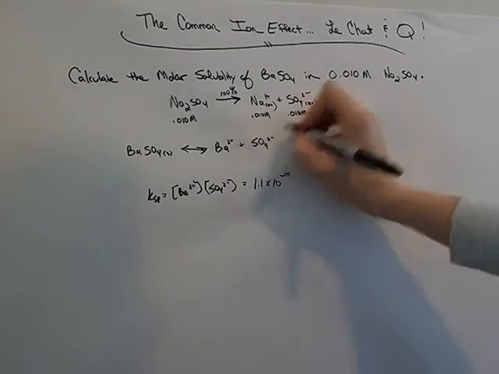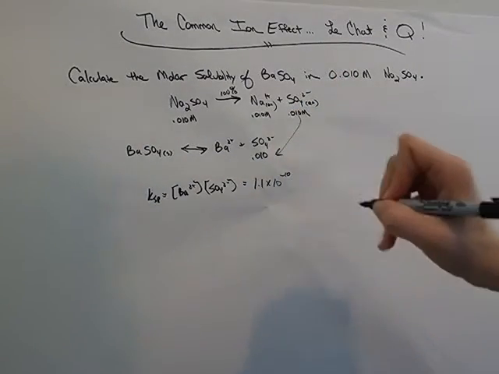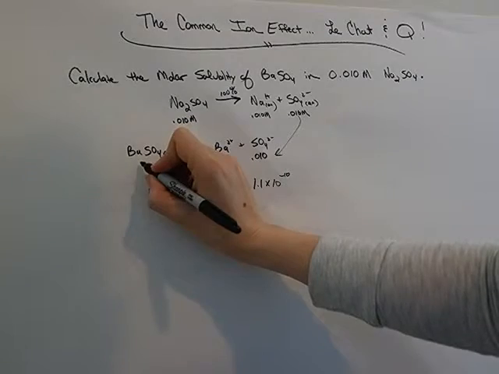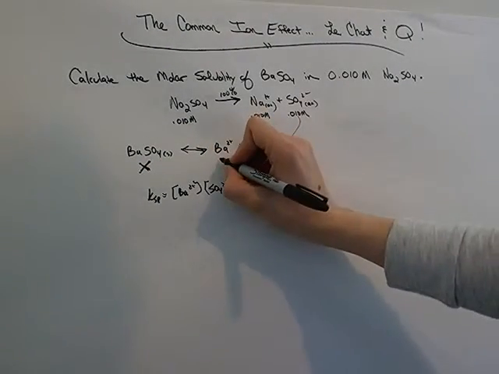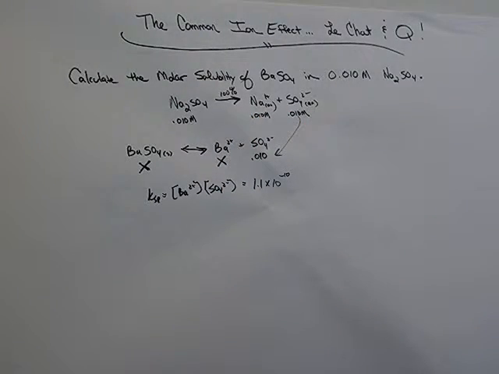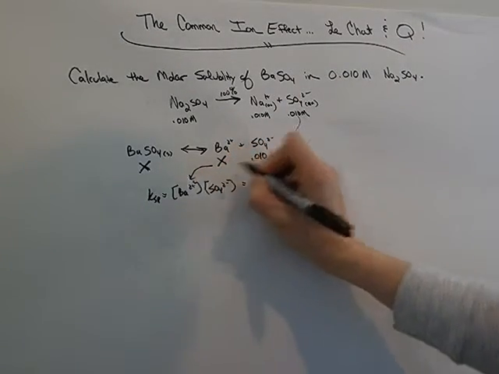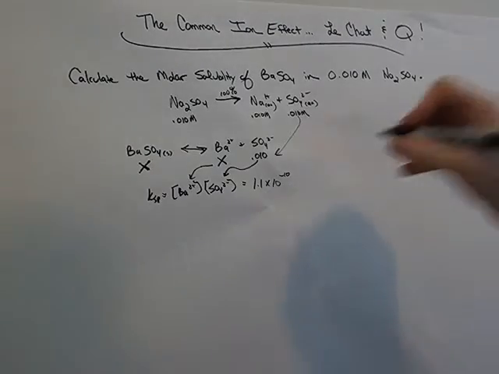So this is just going to become the concentration of the sulfate. Now when I define my molar solubility of barium sulfate as X, I can only determine that through the concentration of the barium, which I'll also define as X. We're going to want to plug these concentrations in and then solve for X.